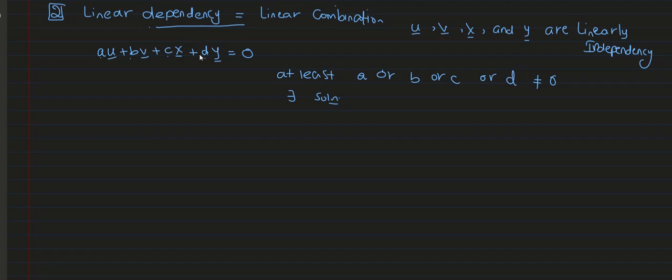But we need now to know the linear independency, which is the opposite of linear dependency. If they do not rely on each other in a linear relationship, this means that we need the case where this relation does not exist. And this will be the case when A equals B equals C equals D equals 0.